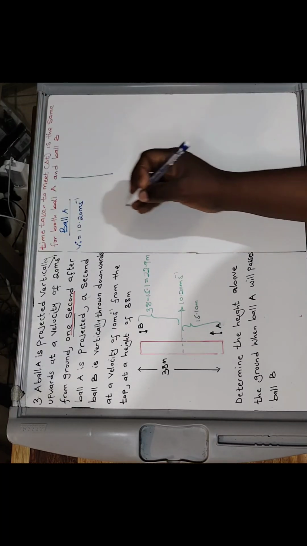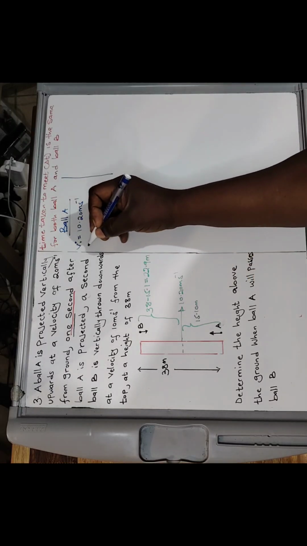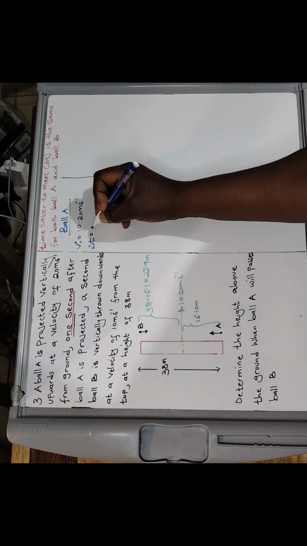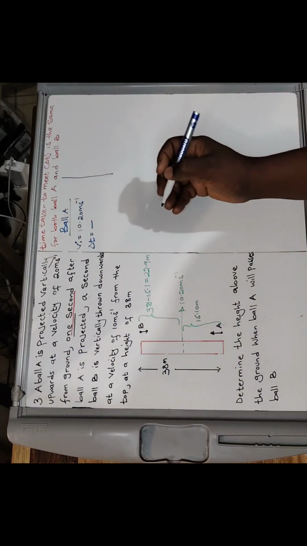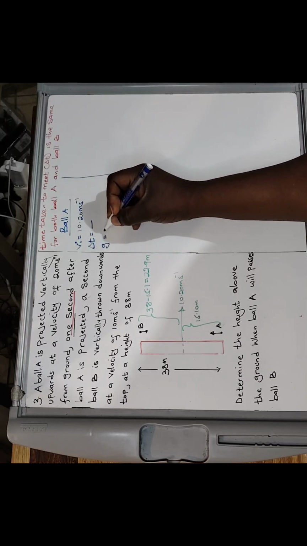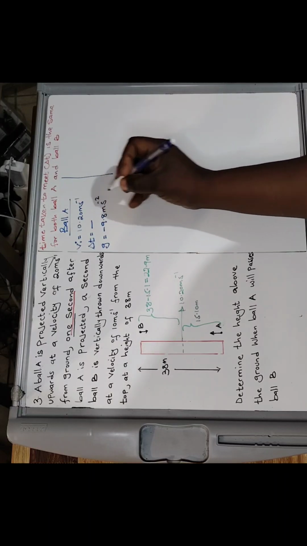What else do we know? We know the common time, though we don't know the value, but we know it is there. The ball A is going upwards, so our g is going to be negative 9.8 meters per second squared.